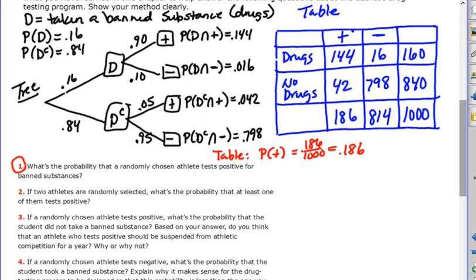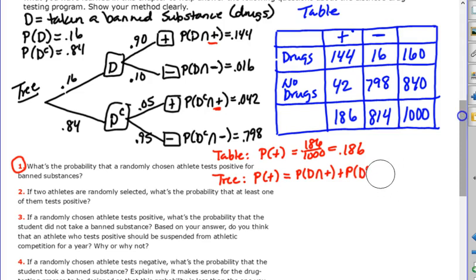The probability of positive given the tree, we would look for the 2 places where we have a positive. So the probability of a positive would be equal to 2 different cases. Drugs and positive, probability of D and positive, plus probability of not D and positive.